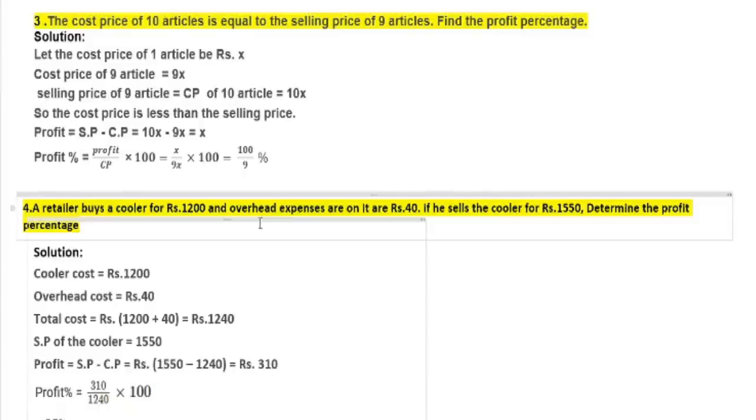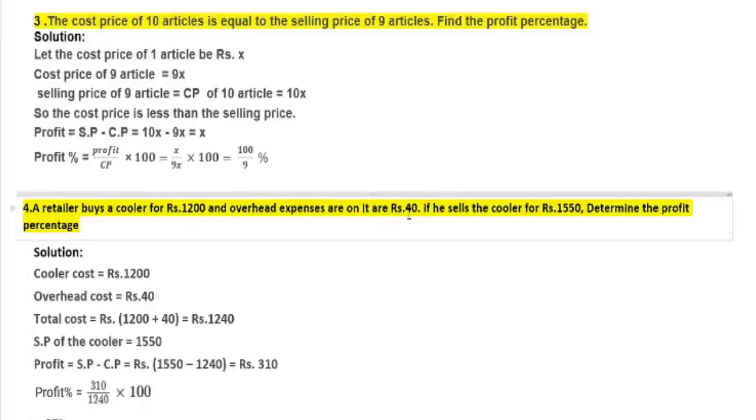And this type of cost that we call overhead expenses. That means it is a cost of transportation, or it may be the cost of repairing, or any other charges related to the item. So here overhead charges is rupees 40.